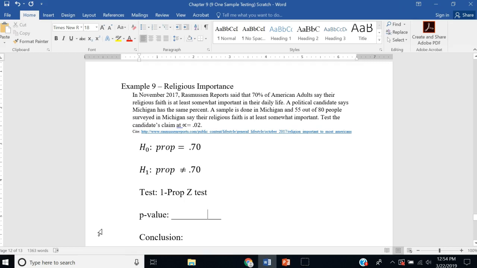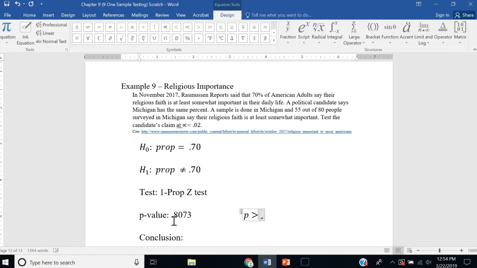Okay. So we go ahead and calculate, and the p-value, once again, turns out to be really big, 0.8073. I say really big. P-value, remember, is an area under a curve, so the most it can be is 1. So 0.8 is a pretty big p-value to have.